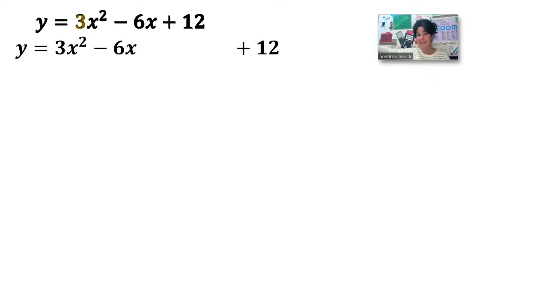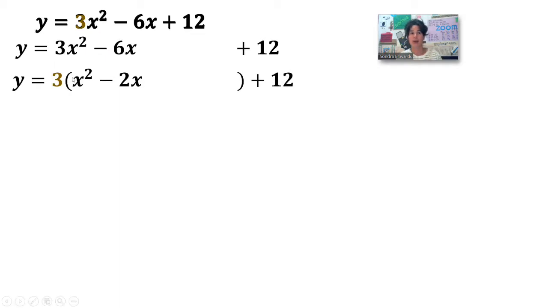So notice I slid over the 12 because I'm not going to do anything with that for a while. But I'm going to factor out the 3 from those first two terms. So 3 divided by 3, 1x squared. Negative 6 divided by 3 is negative 2. So I factored it out.